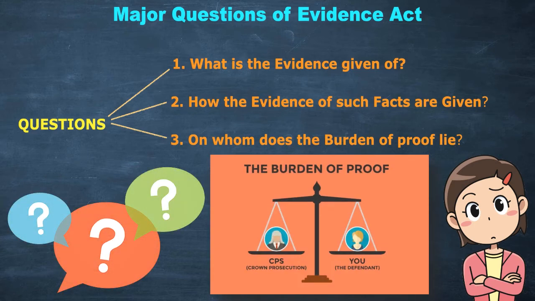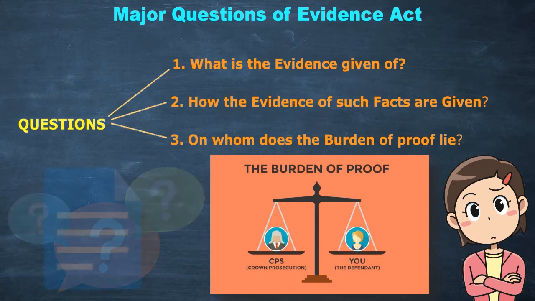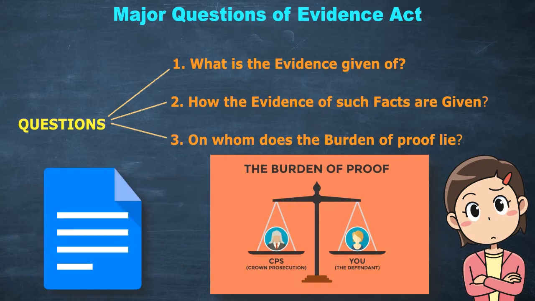Burden of proof, that is of a particular fact, or you can also say onus of proof, to prove the whole case lies on the prosecution in charge. So normally it is the prosecution who needs to prove the offense.